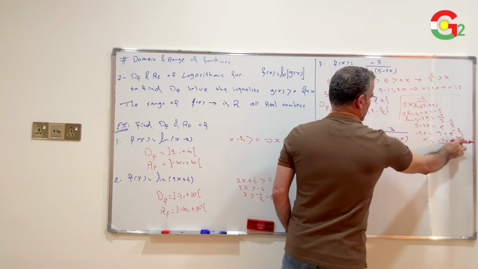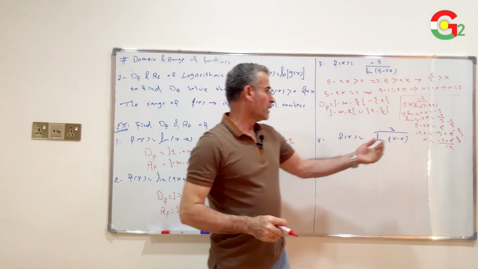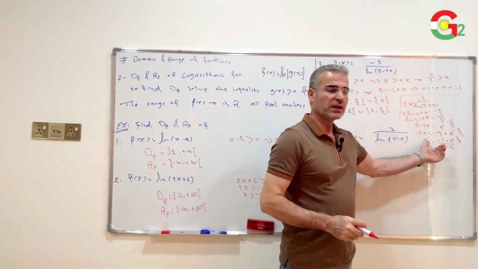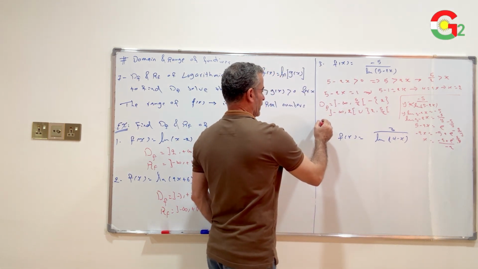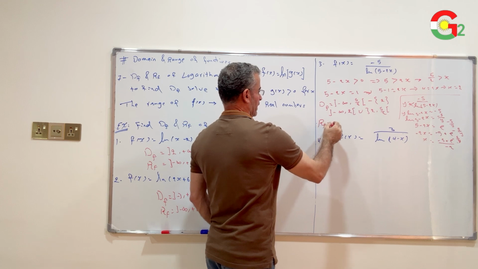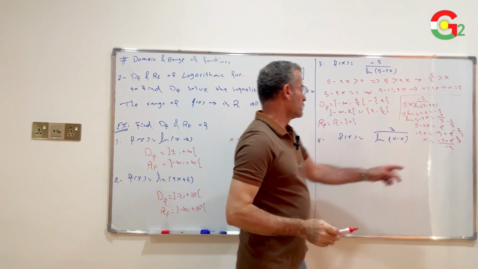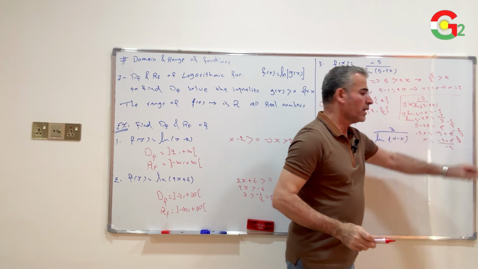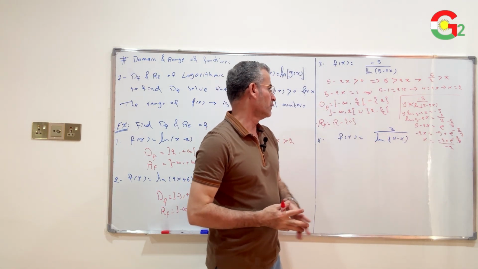Since y here is in the denominator, then when y equals 0, x will be undefined. Then I should remove 0 from the real numbers for the range. Then the range will be R except 0, since y is in the denominator and should not be 0.